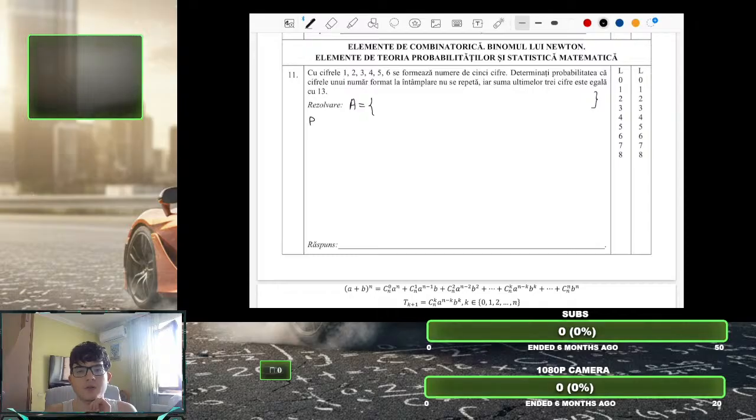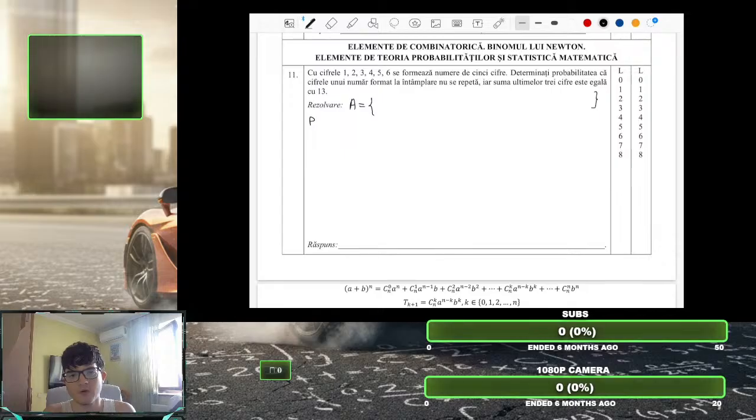But then again, you can think of it like this: 5 circles, and in the first circle it can be 6 different numbers.